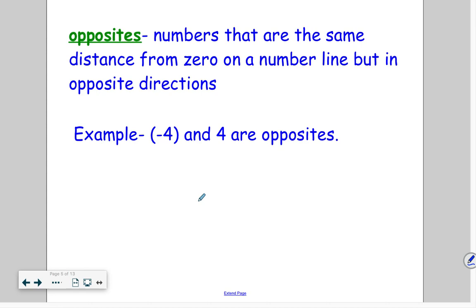The definition of opposites: numbers that are the same distance from 0 on a number line, but in opposite directions.